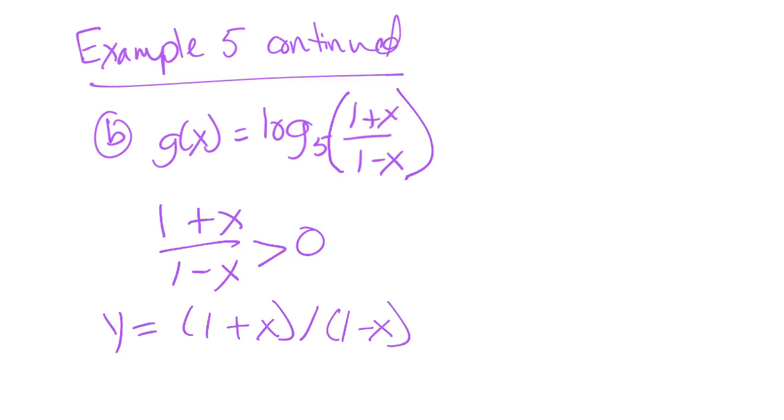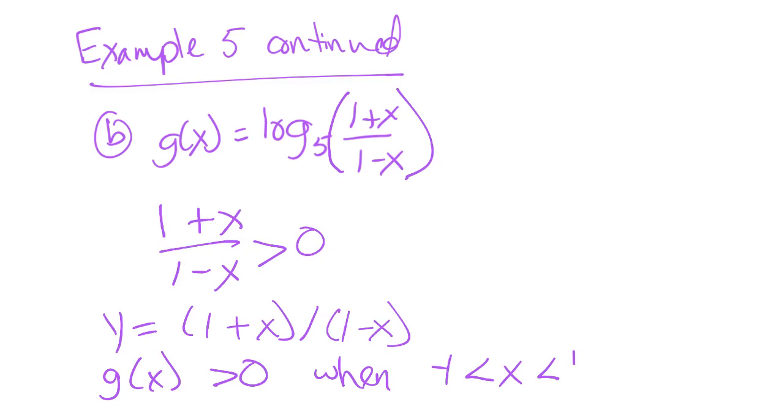Then you'll see where the graph is greater than 0. So g of x is defined when x is bigger than negative 1 but less than positive 1. That tells us that our domain is the interval from negative 1 to positive 1.